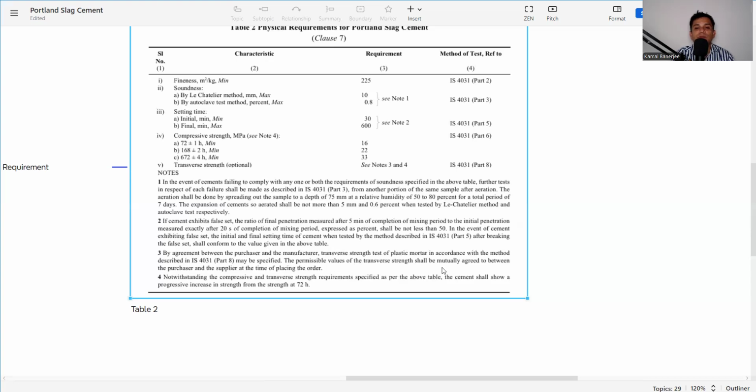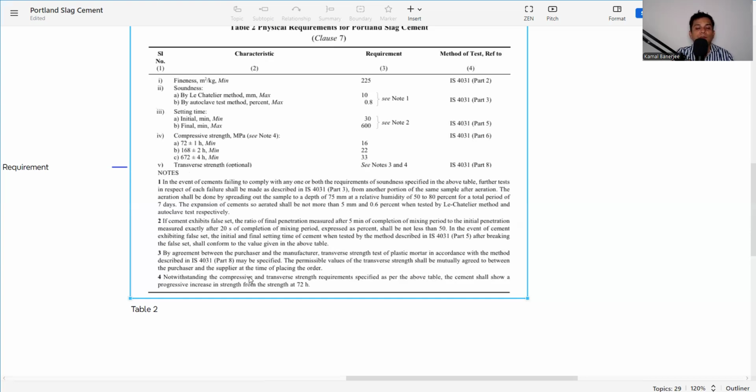The permissible value of the transverse strength shall be mutually agreed between the purchaser and the supplier. So transverse strength is optional. It depends completely on the supplier and the purchaser, and as per mutual agreement the transverse strength can be measured.